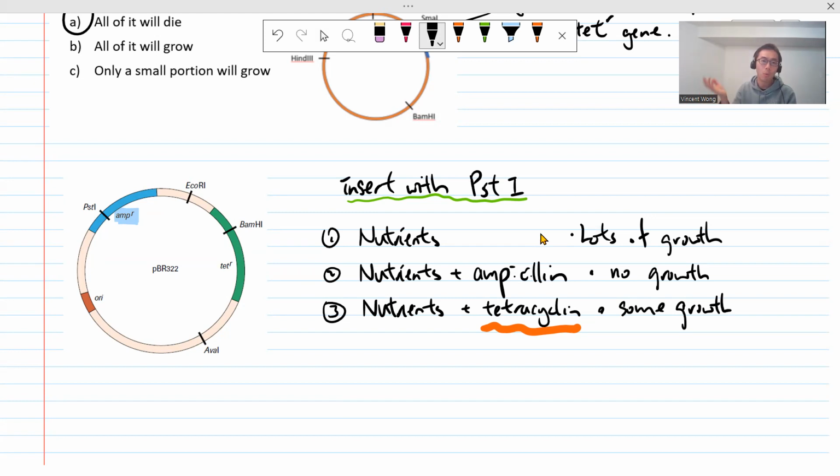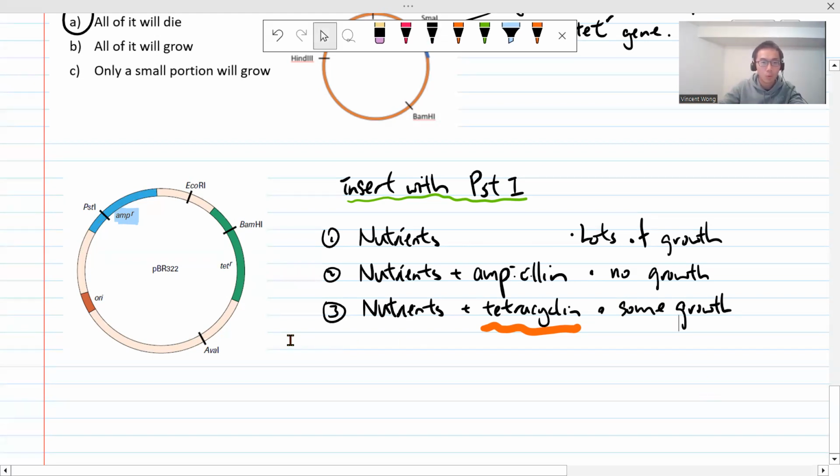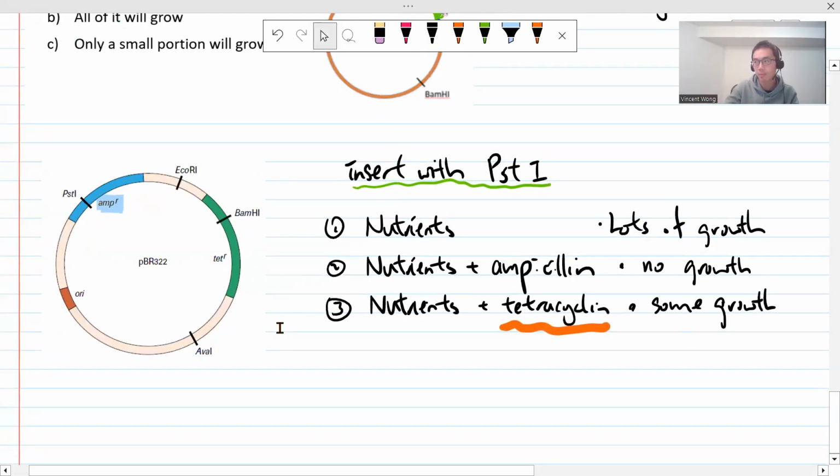So what restriction enzyme is going to interrupt the tetracycline resistant gene? Look at the plasmid map. Which restriction enzyme is going to interrupt this tetracycline gene to make it not functional anymore?